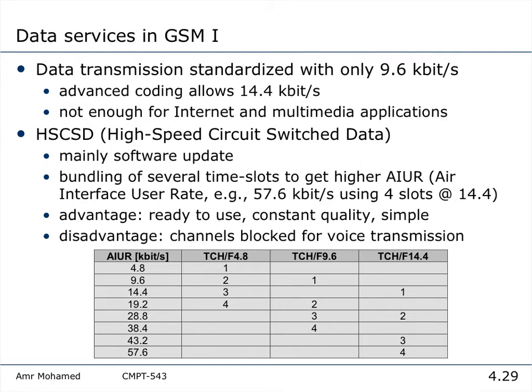But definitely it's not enough for multimedia traffic, or even emails with attachments. So these data rates are very small, and they are not enough to provide all the data services that we have nowadays. So starting from G2, we all had the ambition to increase these data services.